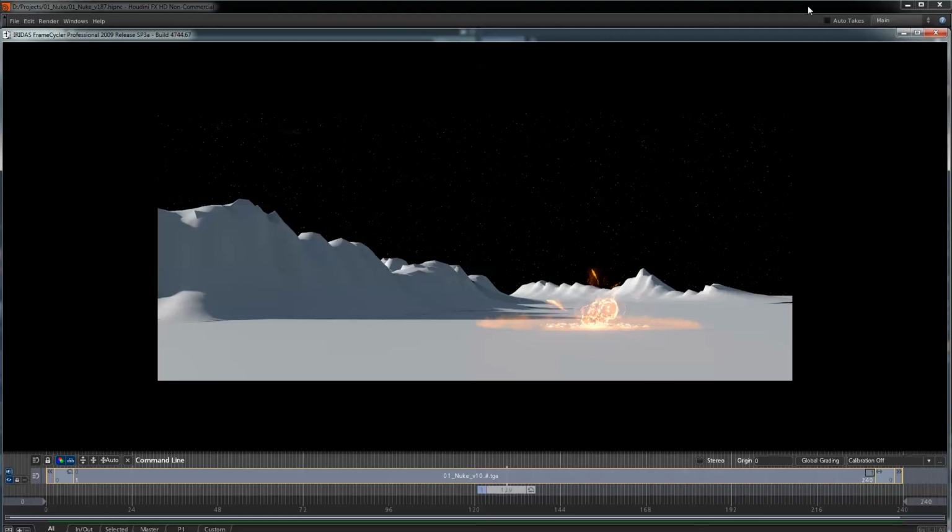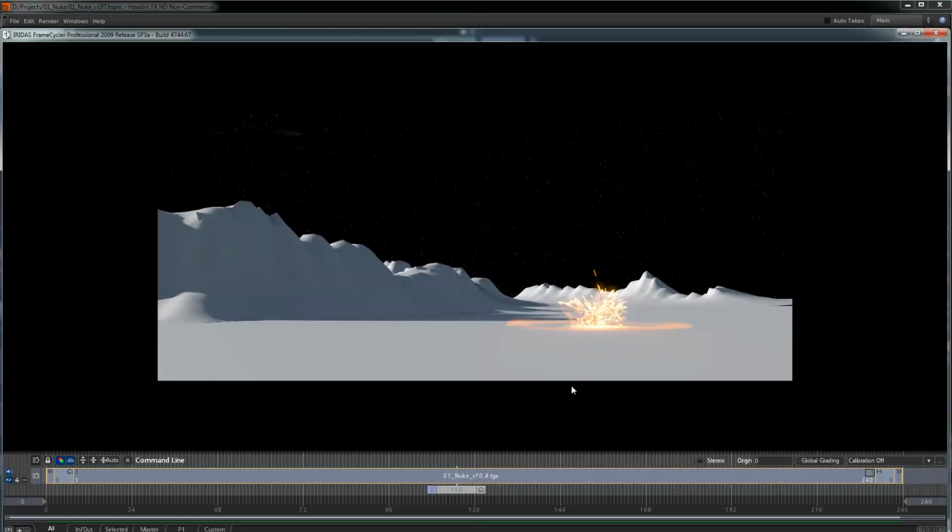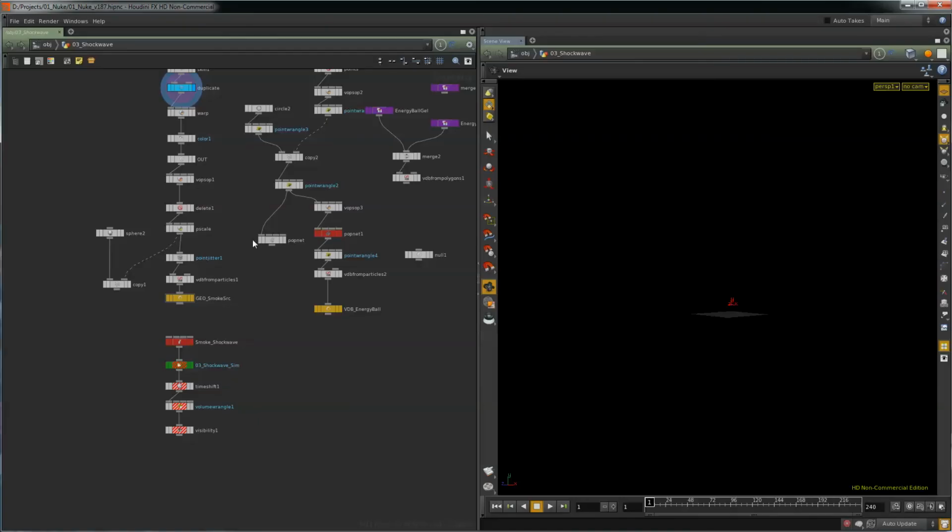Again, three: dominant, subdominant, and then accent. For this, the shockwave is a little bit of a battle. I'd say this burst is dominant, this would be subdominant, or it might tie into the shockwave, and then the tiny particles are the accents, these guys right there.